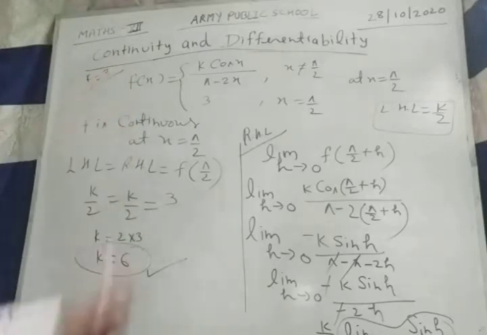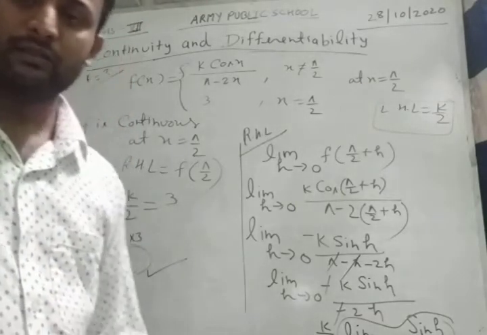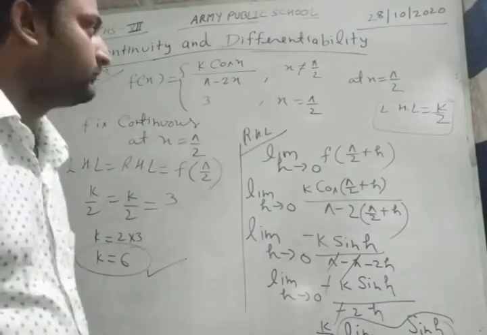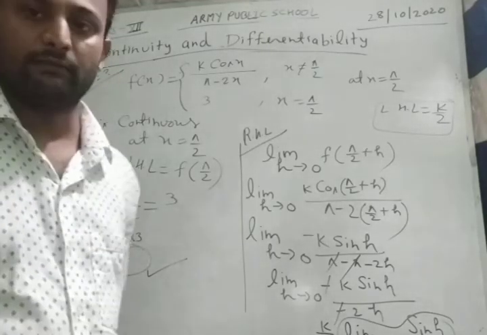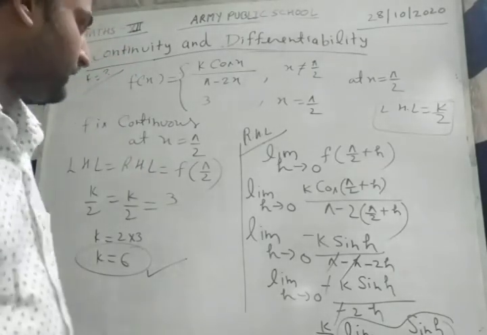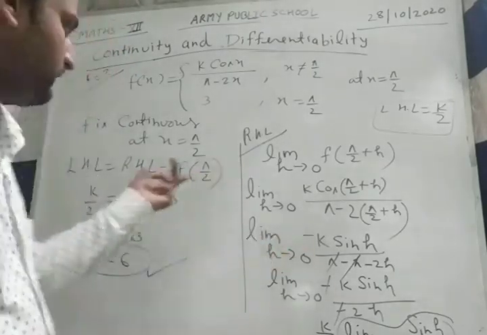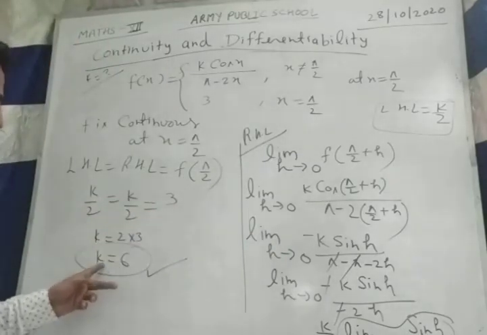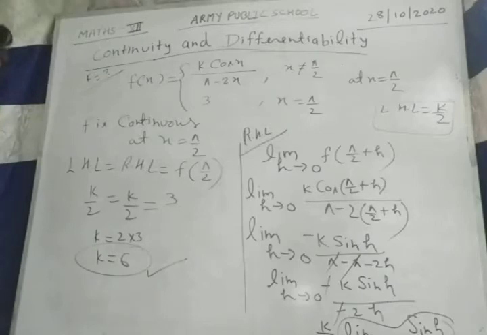If the given function is continuous, then we can find the value of k, because left hand limit, right hand limit and value of the function will be equal. So when we equate the left hand limit, right hand limit and value of the function, we get k by 2 is 3 and our answer will be k is equal to 6.